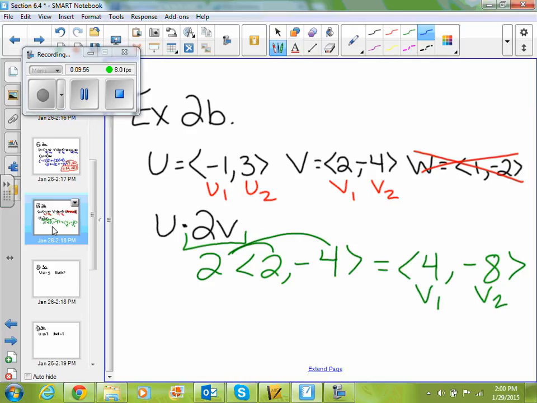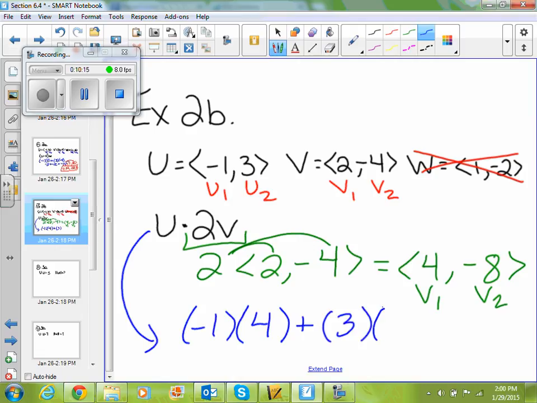So then if I want to find my dot product of u and 2v, then I take my u1, which is negative 1, times my new v1, which is 4, because we're using my new vector, plus u2, which is 3, times my new v2, which is negative 8.